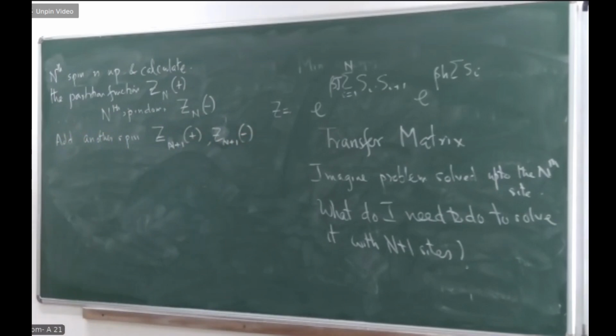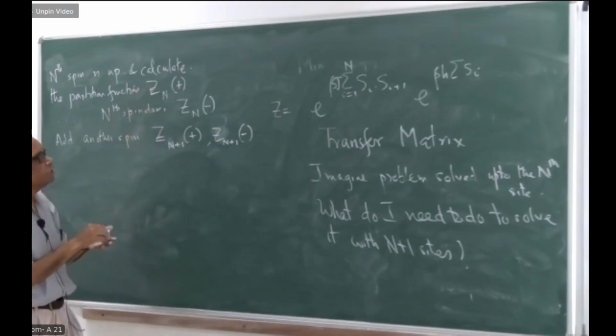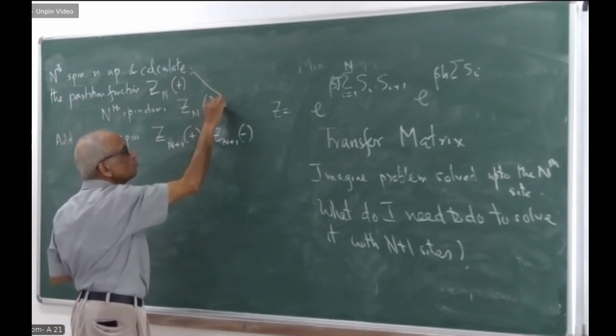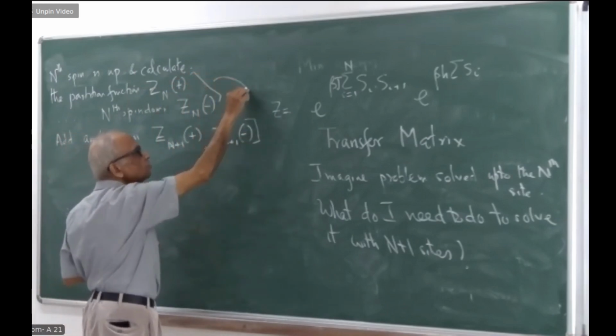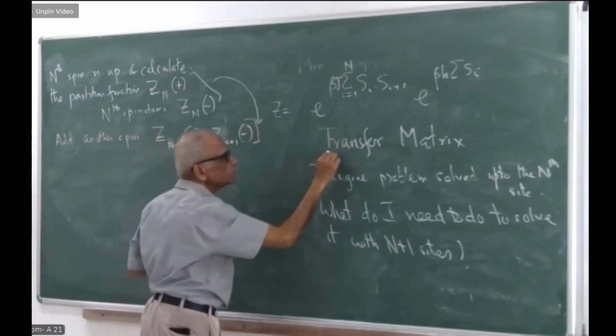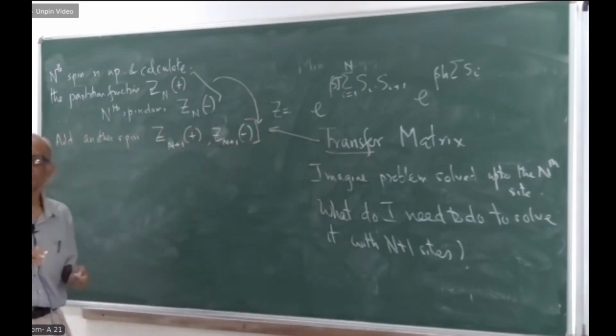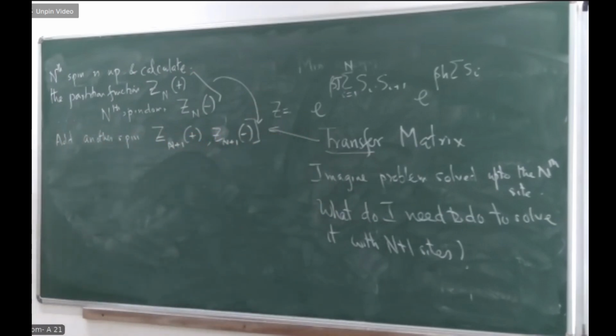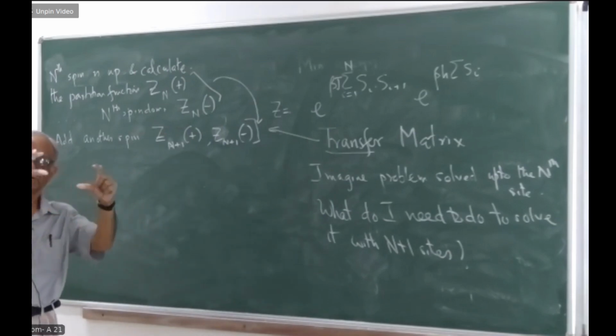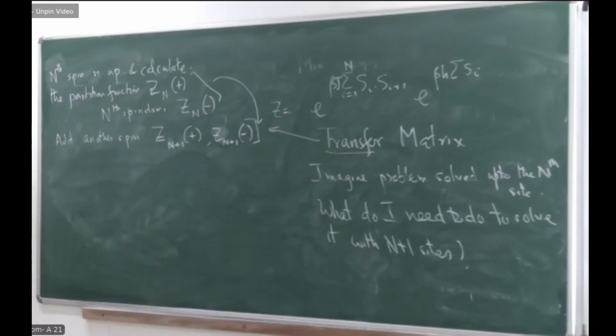What I want to do, the transfer matrix is what will take you from this stage over here to this stage over here. That is what this transfer matrix is all about. The problem till the nth step taken to the n plus 1th step. It's a relation between the n plus 1 term partition function and the n term partition function. So how do I relate them?